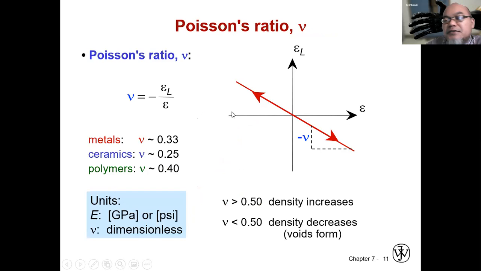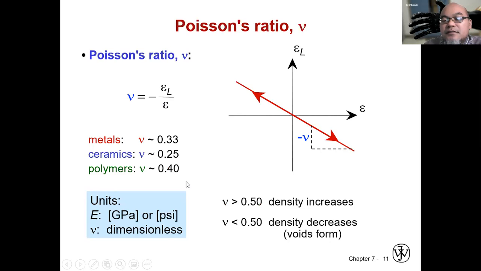Then the Poisson's ratio relates the tensile strain, the strain in the direction of the stress, with the lateral strain, the strain that occurs in the dimension perpendicular to the tensile strain. So the relationship is nu equals negative epsilon L divided by epsilon.